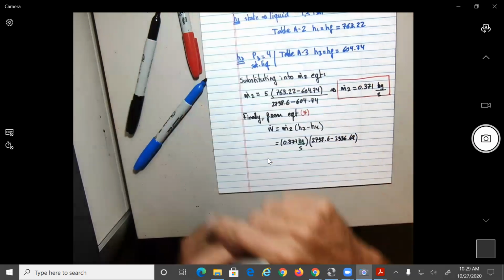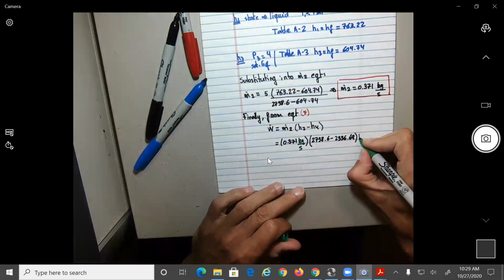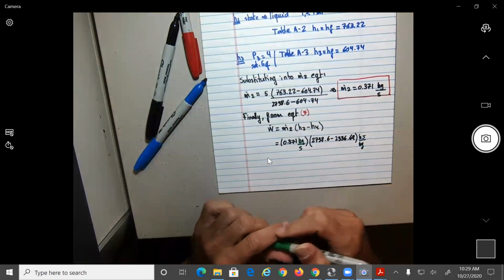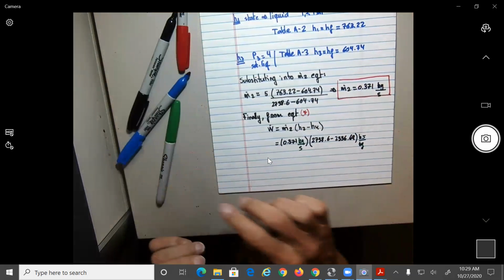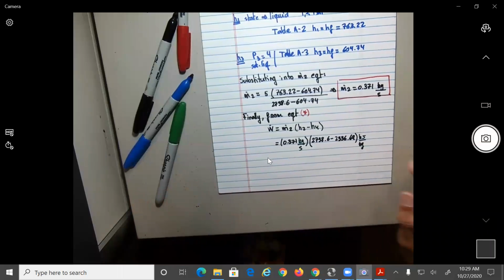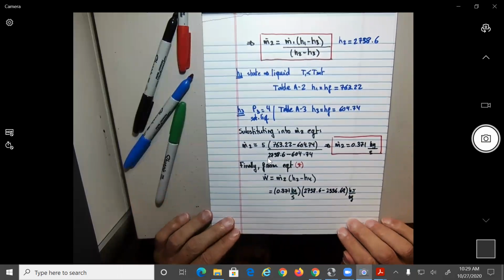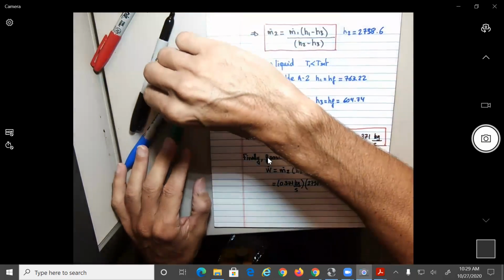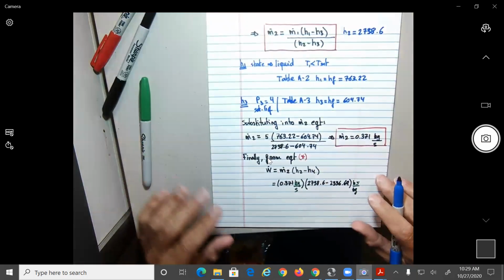Now this is what as unit? This should be kilojoules per kilogram, no? But they're asking us in this problem to find the answer in horsepower. So if you have that page that I gave you with the units, you have the transformation of kilojoules to horsepower.